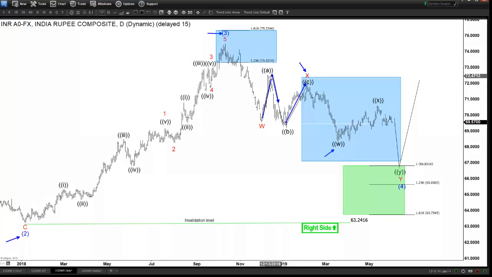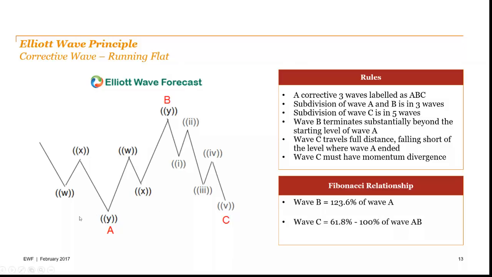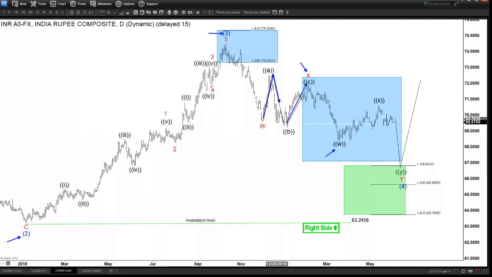Let me check if I can find anything else in the 4 hour, 1 hour to give you guys some ideas. Now, anybody, I think this one can be labeled either way, I guess. This can be a zigzag too, because does it look like 5 waves?